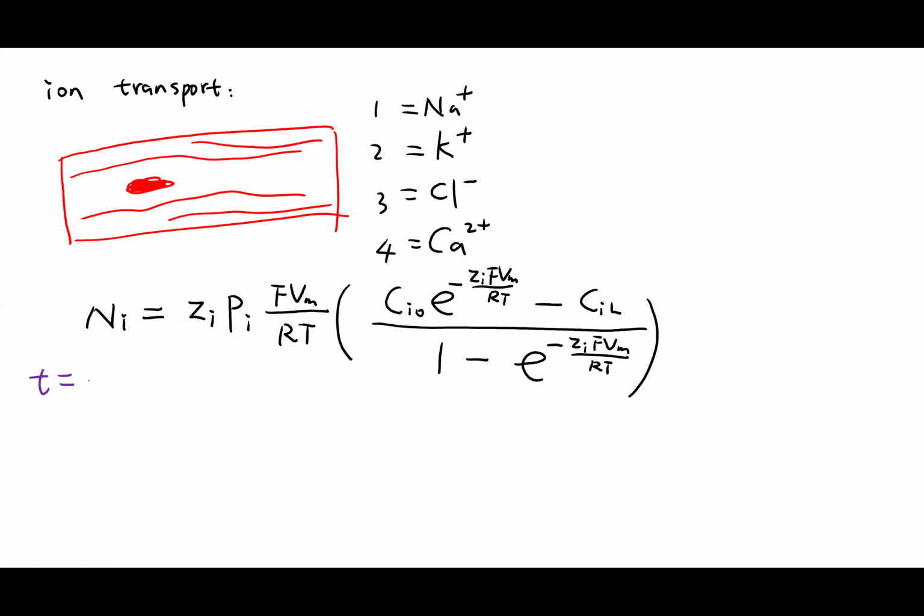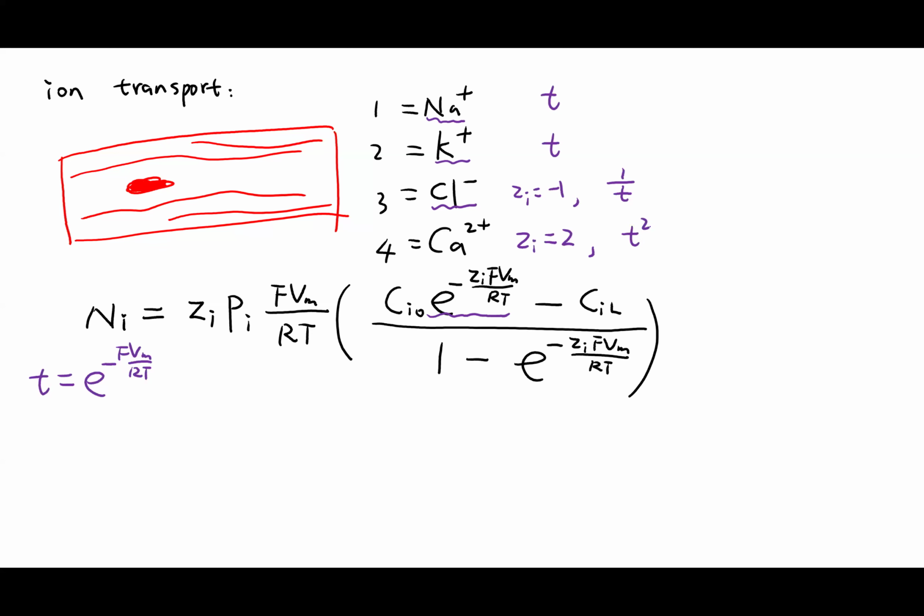T equal to e to the power of FVm over RT. So then for each of them, for the sodium, this term will become just T. And for this one, it will also become T. But for the chloride, because the Zi is -1, you will end up with 1 over T. And for the calcium, because Zi is equal to 2, you will get T squared, okay?